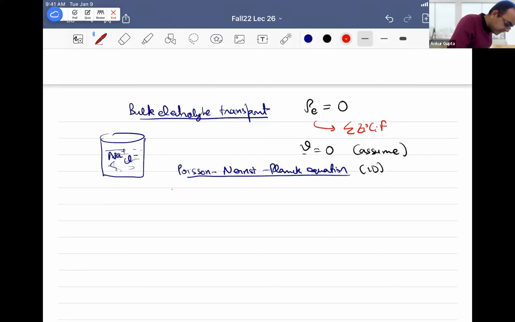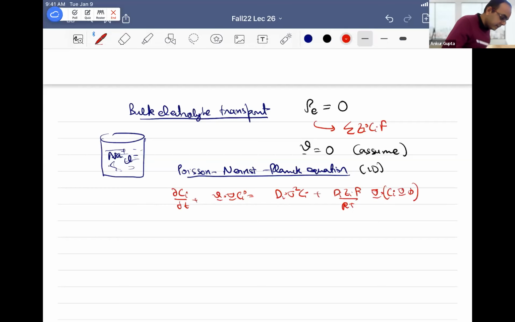So we have del Ci by del t plus v dot del Ci is equal to Di del squared Ci plus Di Zi F by RT del dot Ci grad phi.